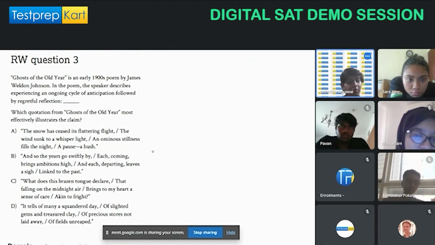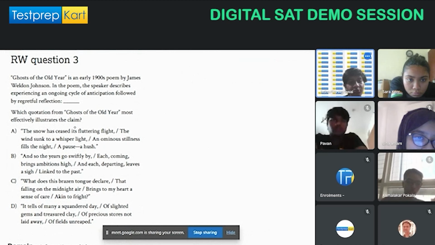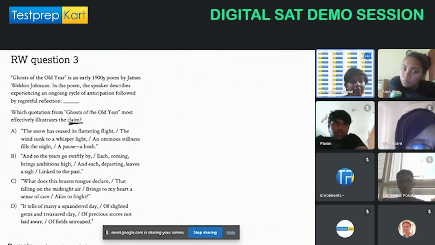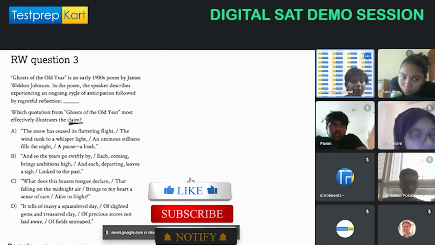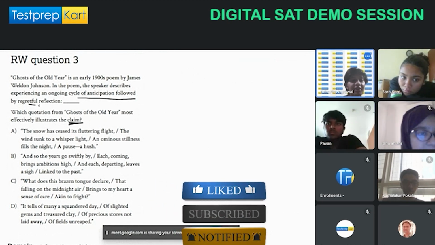Here, basically, it's again a command of evidence question. Which quotation from Ghost of the Old Year most effectively illustrates the claim? Now, when they are using the word claim, we have to be particular about it because it is an extreme word. It's an early 1900s poem by James. In the poem, the speaker describes experiencing an ongoing cycle of anticipation followed by regretful reflection.